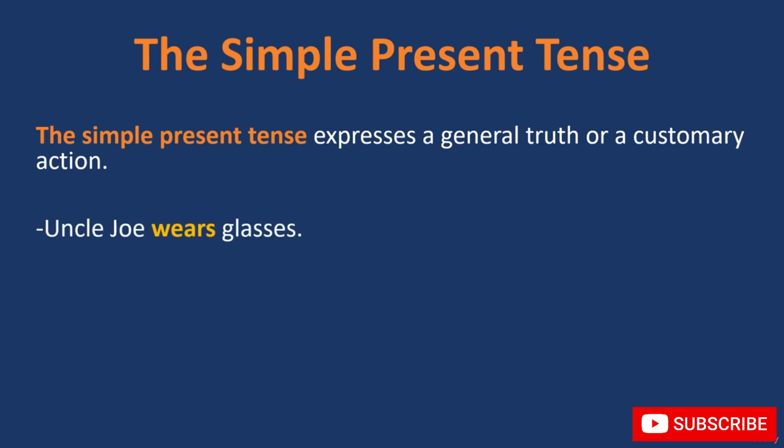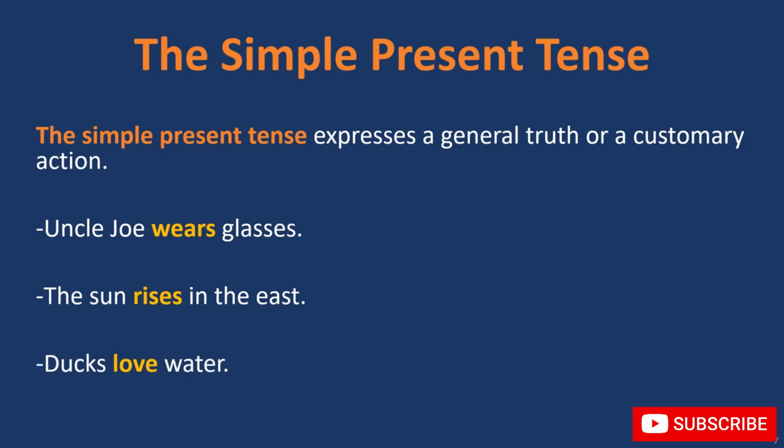When I say Uncle Joe wears glasses, I use the verb wear. And because we speak about Uncle Joe, this is a singular noun, a singular name, so we add s after the verb. The sun rises in the east. Here I have the verb rise, and because I start with the sun, the sun rises.